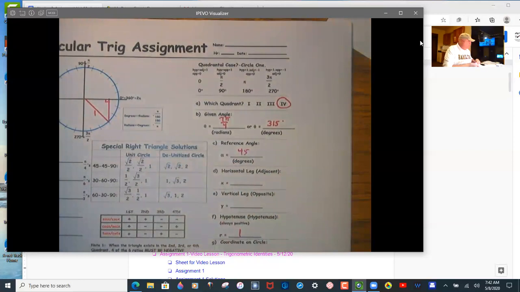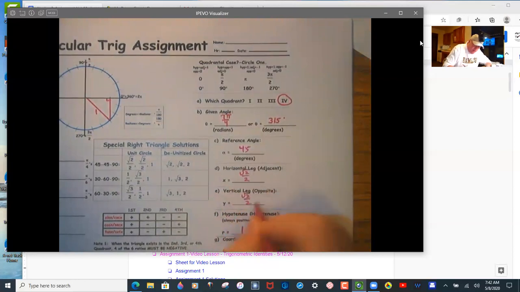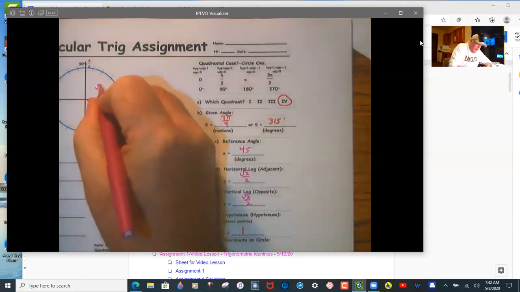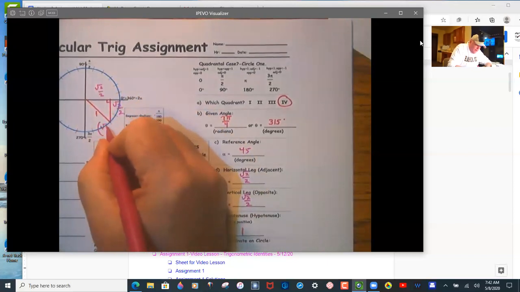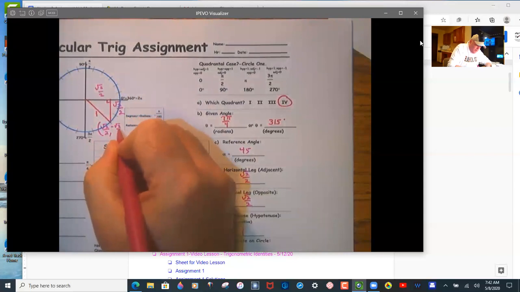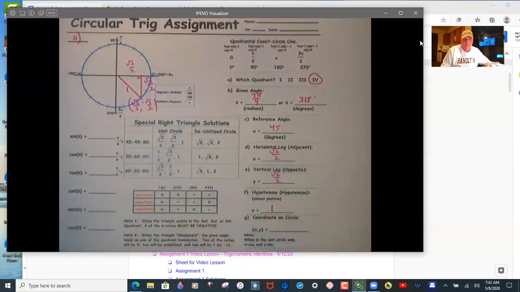Again, you see how this just becomes very repetitive. So both legs will be this, and we are at a point in the fourth quadrant, I meant to say. The x is positive, the y is negative.